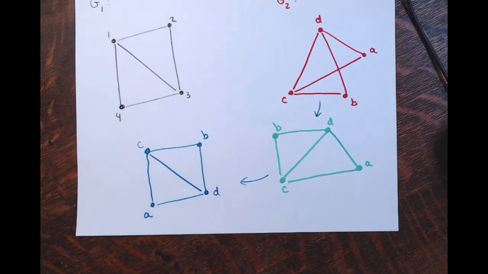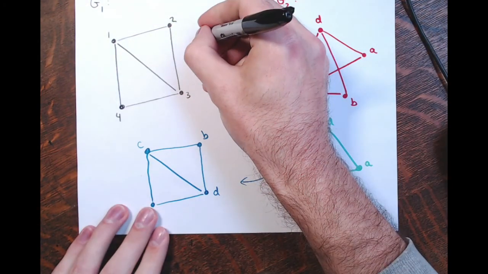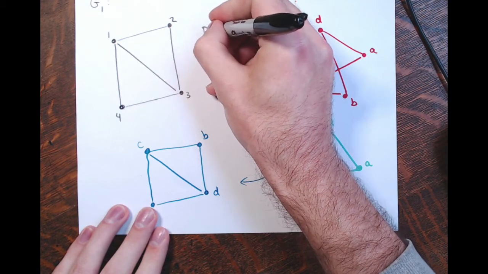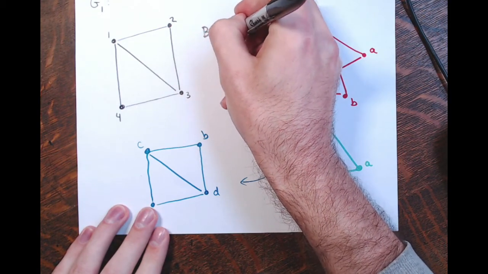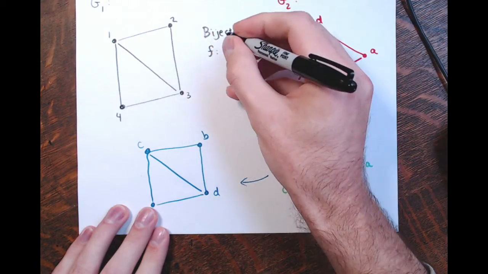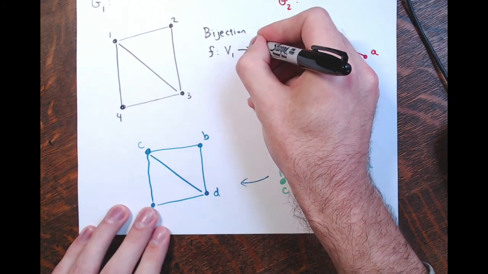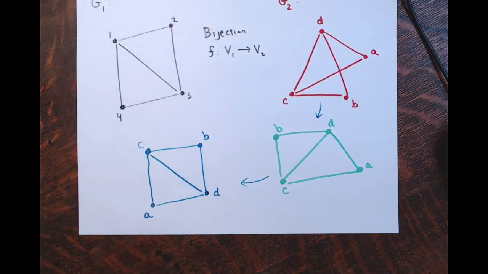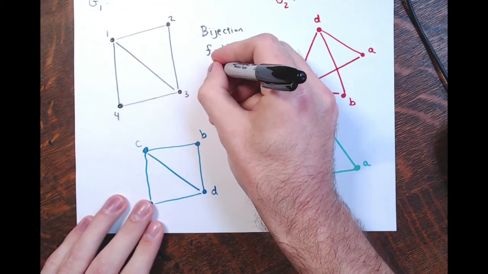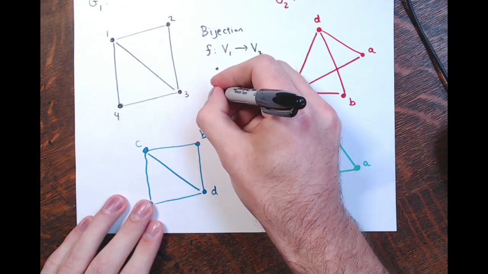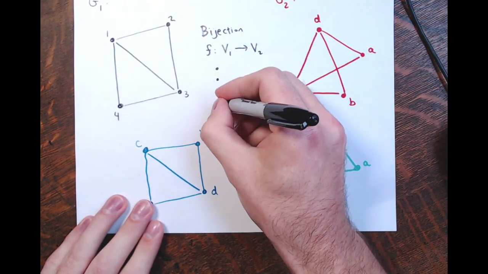So now this function, the bijection I would set up, say f from the vertex set of graph 1 to the vertex set of graph 2, would be the following. I'll just draw a picture again, a mapping. You could set it up as a set of ordered pairs and whatnot, as a function.